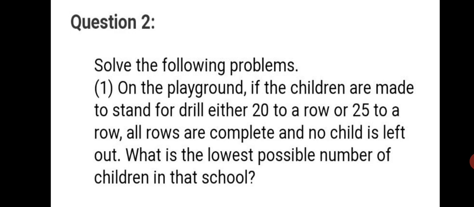Okay, we want to find out, with no child left out, the lowest possible number of children in that school if they are made to stand for a drill in either 20 to a row or 25 to a row. That means the question itself suggests that we have to find a least common multiple. Let's have a look at the solution.